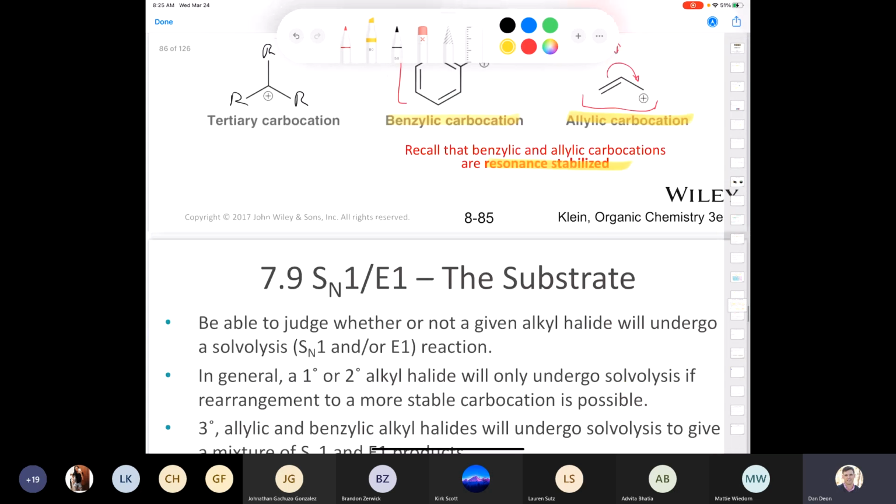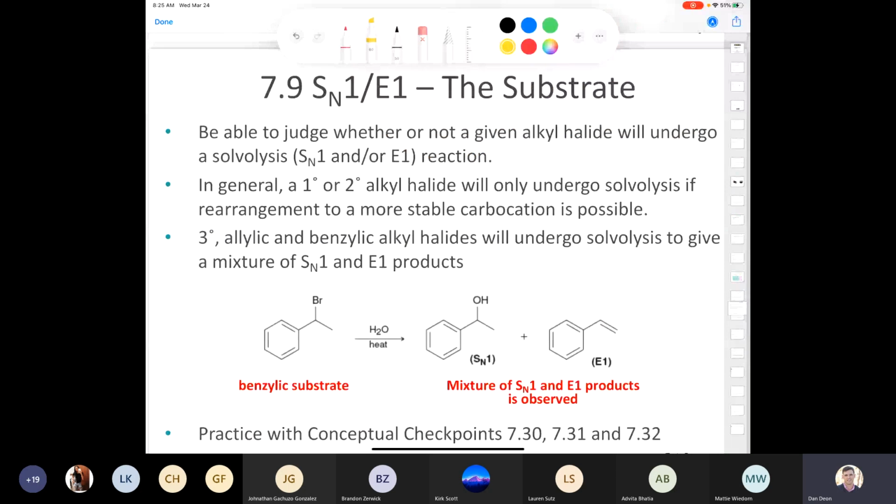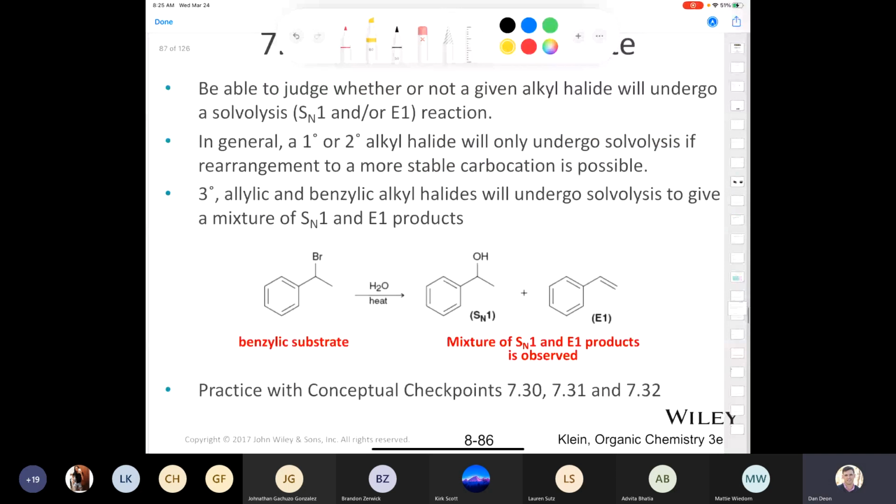So if we look at a reaction here, it says, be able to judge whether or not a given alkyl halide will undergo solvolysis. What does that mean? It means if I was to just present you with this reaction right here, say you take this alkyl halide and then you put it in water. That's all you do. Just throw that alkyl halide in some water. Does anything happen? You've got to be able to answer that question as an organic chemist. And you might say, well, Mr. Dion, you misspoke. That's not just an alkyl halide.